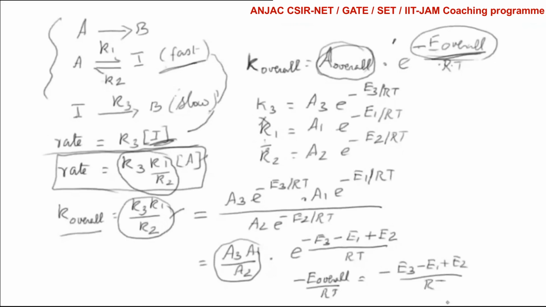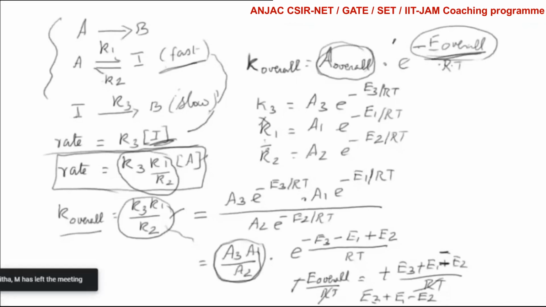The RT cancels, minus and minus, plus and minus, and now the value is equal to E3 plus E1 minus E2. This is the overall energy of activation. To obtain the overall frequency, multiply as given: K3 in the numerator, so A3 in the numerator; K1 in the numerator, A1 in the numerator; K2 in the denominator, therefore A2. This is the overall frequency.